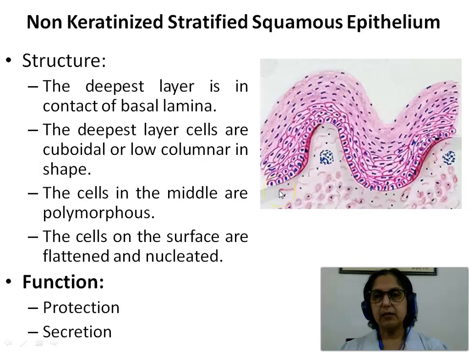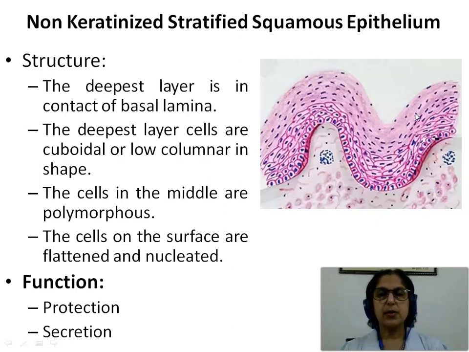What we see here is a diagram showing us the epithelium. This is the basal lamina, and these are the deepest cells which rest on the basal lamina, and these cells are cuboidal or low columnar. The middle layer of cells are polymorphous or polyhedral cells, and the surface cells are flat or squamous, and they are live cells showing presence of nuclei, and thus we call it non-keratinized stratified squamous epithelium.